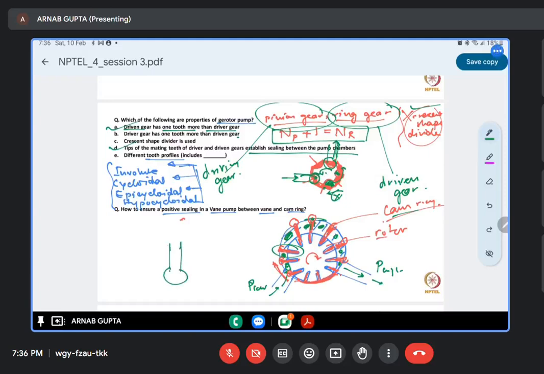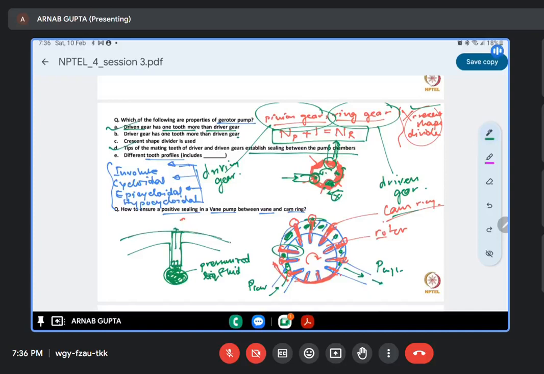We have a bulb sort of configuration here, and there is some pressurized liquid, or fluid, I would say, not liquid. So that will apply pressure onto the vane end, and the vane will go and sit here.